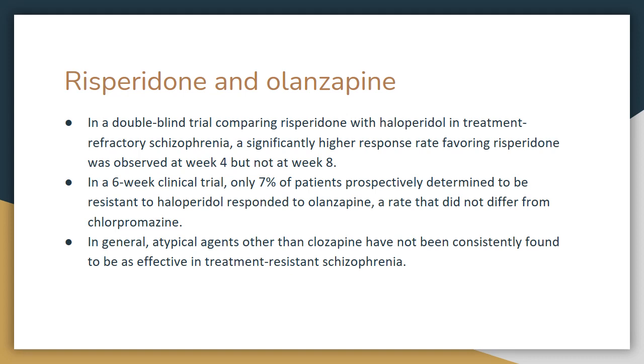In a 6-week clinical trial, only 7% of the patients prospectively determined to be resistant to haloperidol responded to olanzapine, a rate that did not differ from chlorpromazine. In general, atypical agents other than clozapine have not been consistently found to be as effective in treatment-resistant schizophrenia.